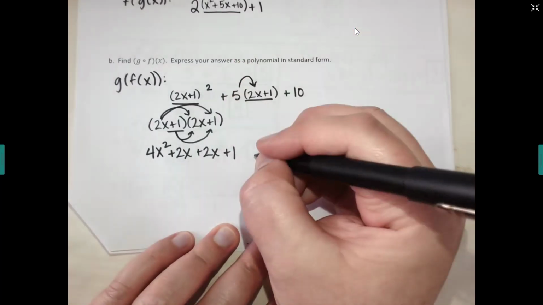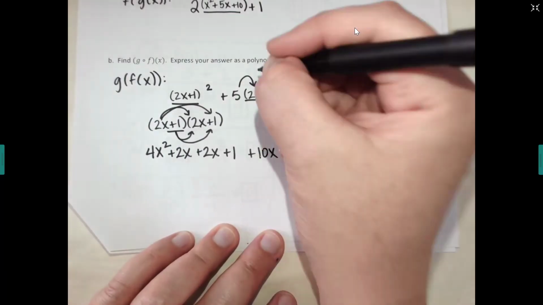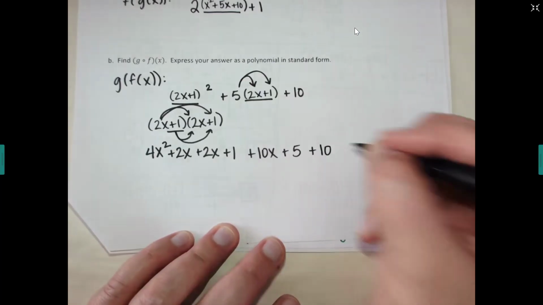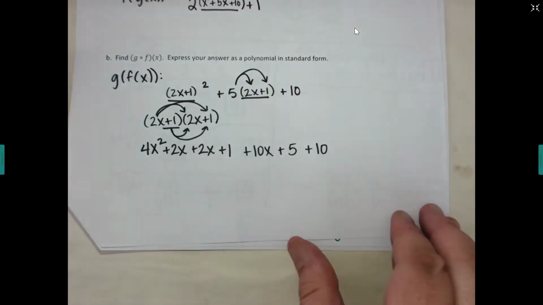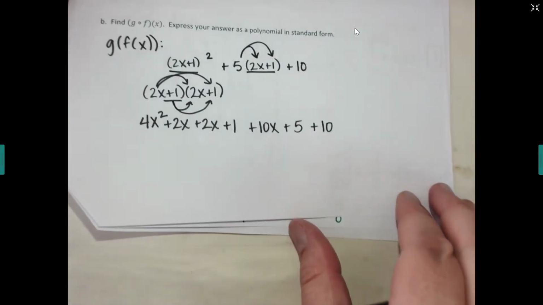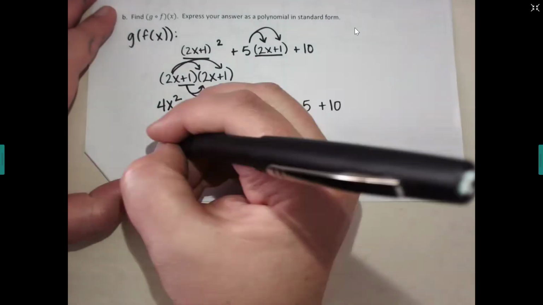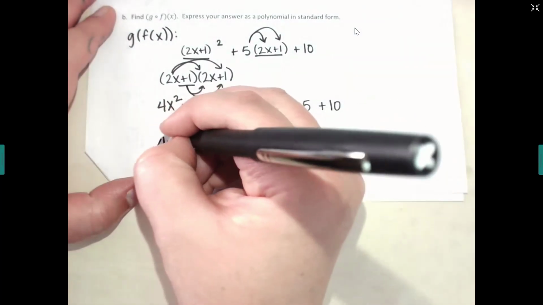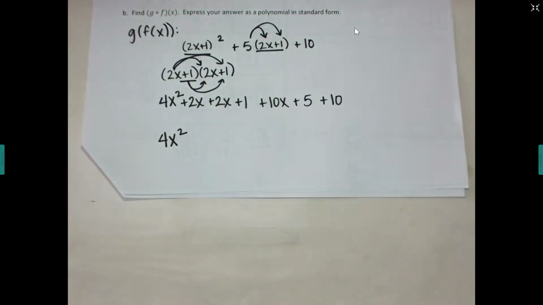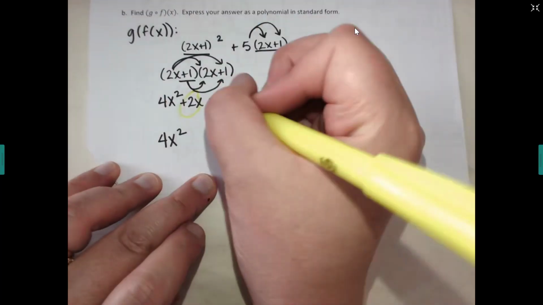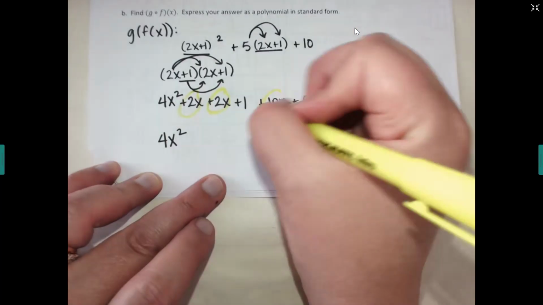No. So that'd be 10x. 5 times 1 is 5. And then now we're combining like terms. Four x squared is the only term with a squared on it. Read me the x terms that I can combine. 2x, 2x again, and 10x.